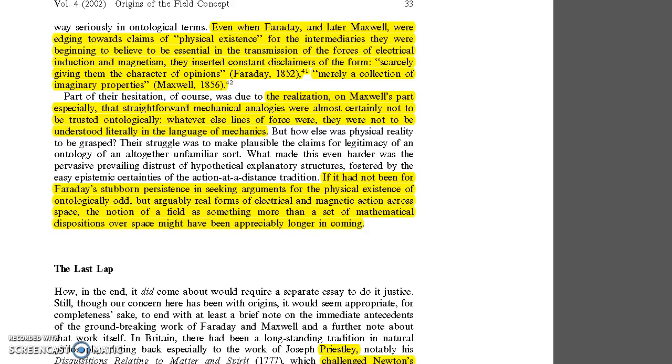So this paper talking about the origins of the field concept says here how tentative Faraday and Maxwell were, initially at least, about the physical existence of the field, and the realization, especially by Maxwell, that straightforward mechanical analogies were almost certainly not to be trusted ontologically. In other words, we couldn't explain the field in terms of any physical concepts that we were familiar with.